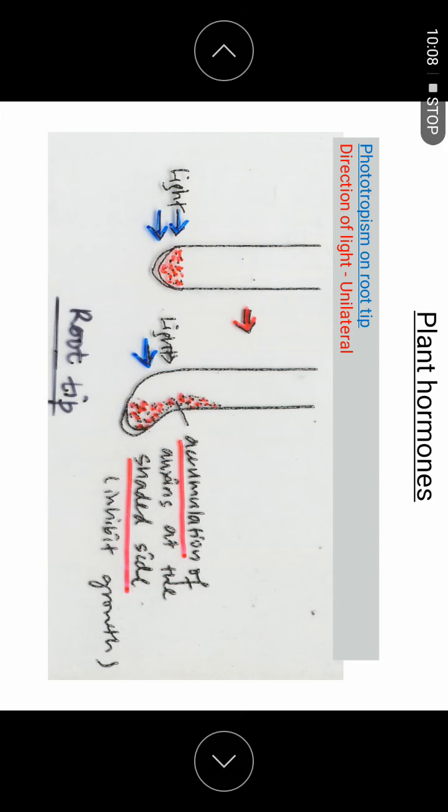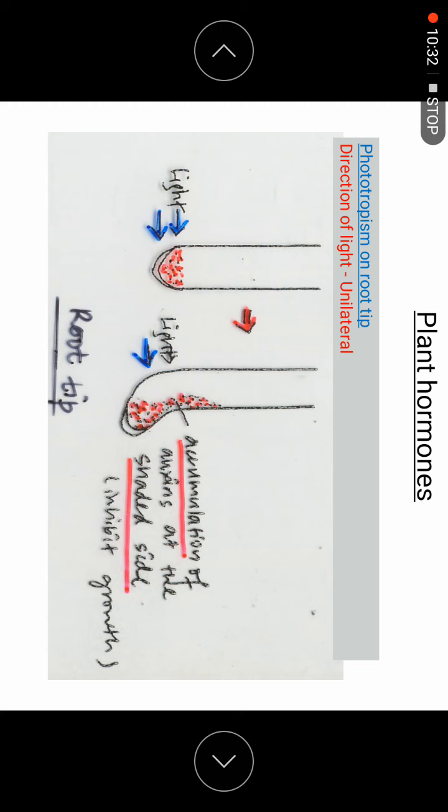And then in the root, since the concentration here is higher and here is lower, remember in roots we need lower concentration in order to grow faster. It is still growing here, but here is growing faster because of the lower concentration of auxin, because the lower concentration is the best for the roots.